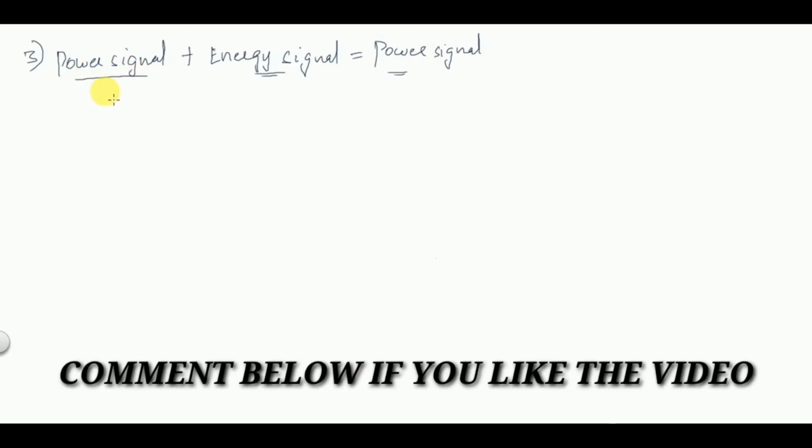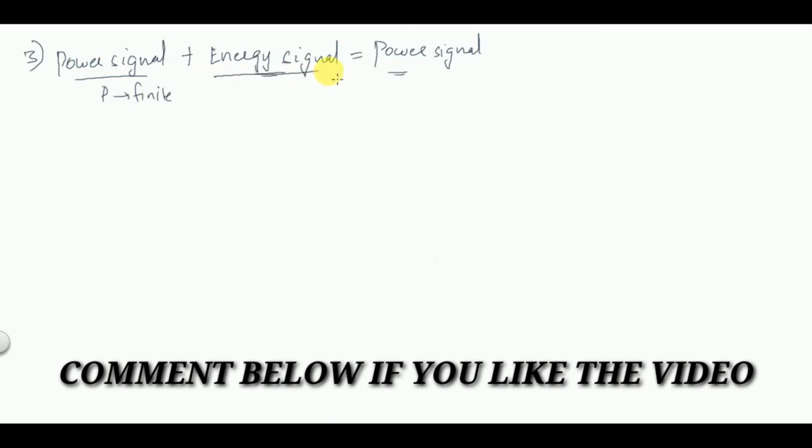Next, third important point: power signal plus energy signal. If you add a power signal with an energy signal, then the resultant is also a power signal only. Why? In the power signal, power is a finite value.